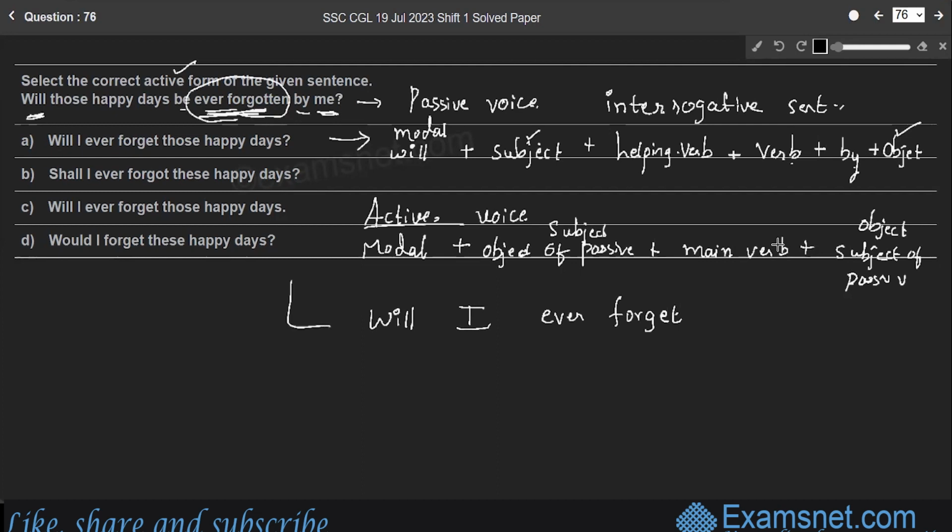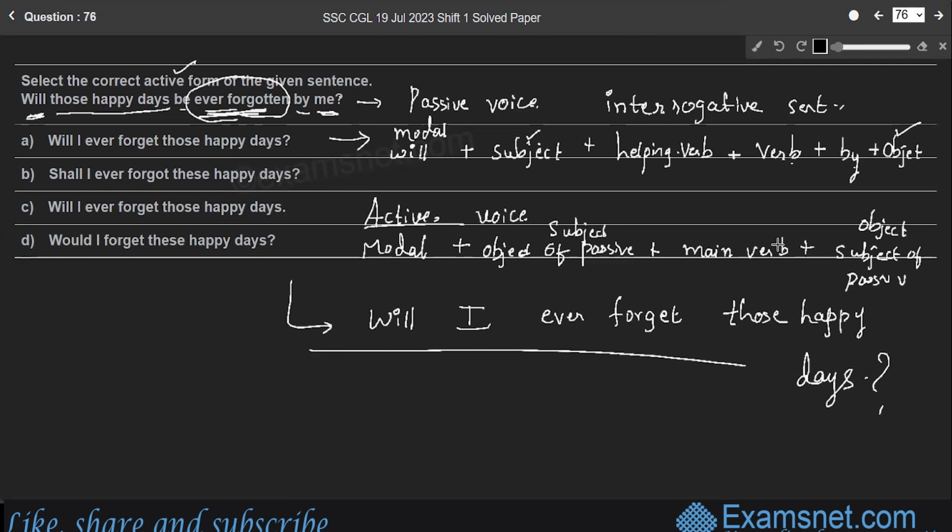Here it is, will I ever forget. So the object is those happy days. Here it was the subject of passive voice. Therefore, will I ever forget those happy days? Very simple, right? Therefore, option A is the right answer. Will I ever forget those happy days?